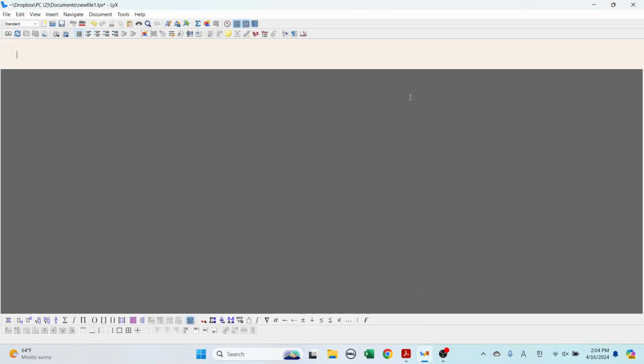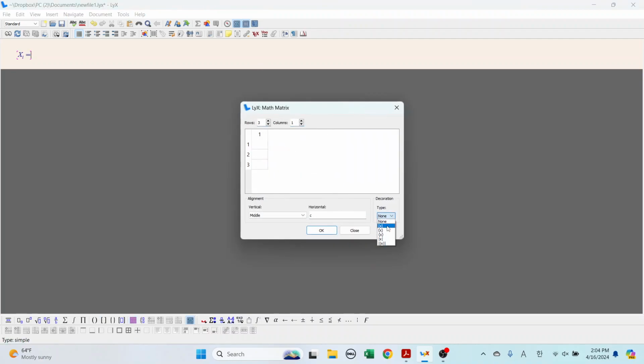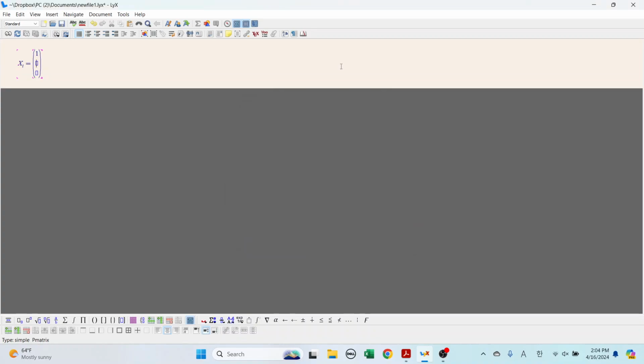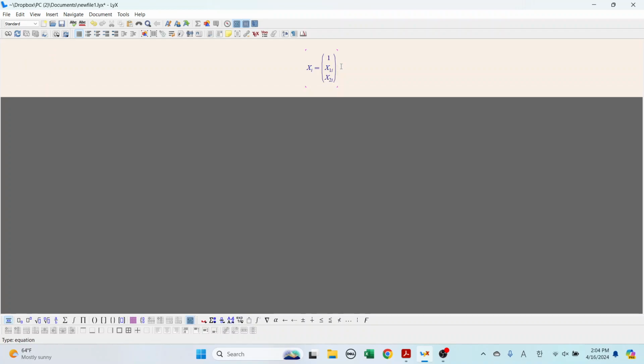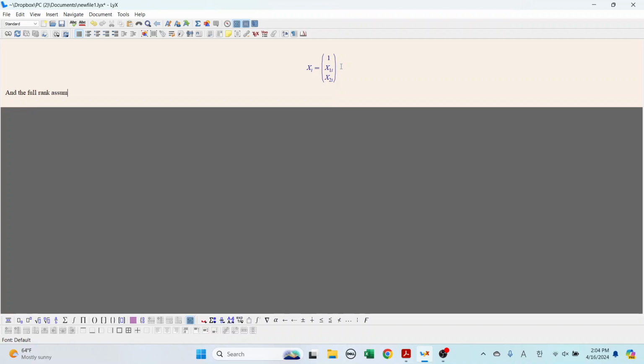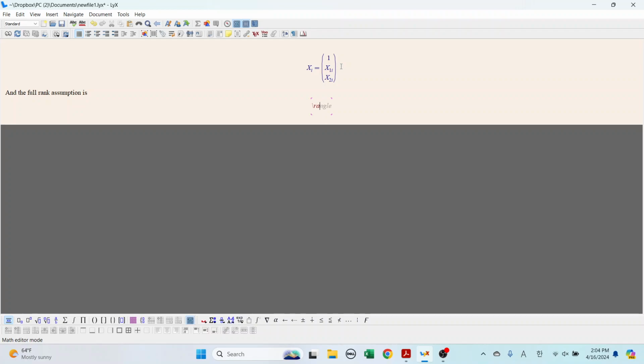In that case, you can think about this model, and the full rank assumption is that the rank of the expectation of x_i x_i transpose is 3, because x is a 3 by 1 vector.